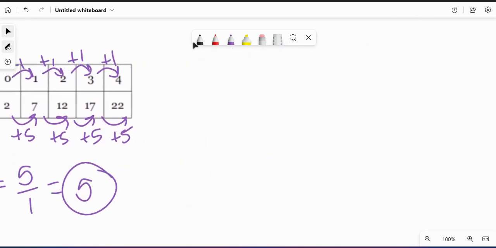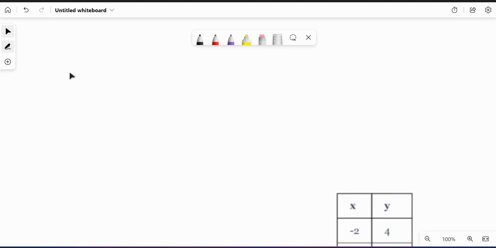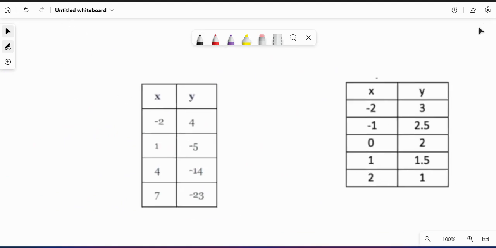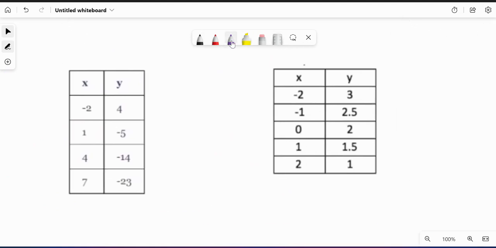Let's look at 2 more. Okay, same thing here. This one goes down 9 over 3. Down 9 over 3. And it doesn't always have to follow the same common trend.